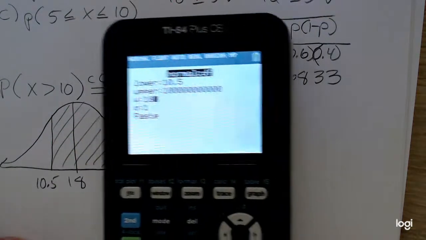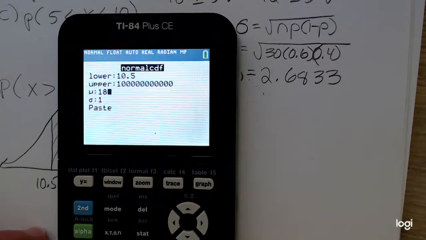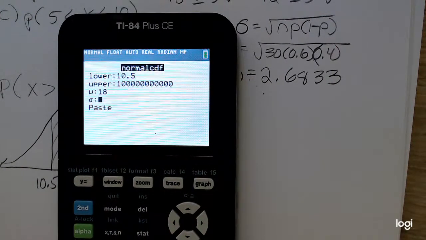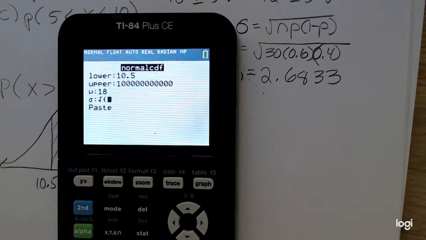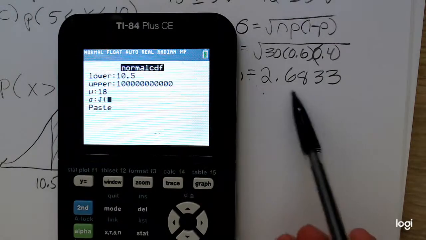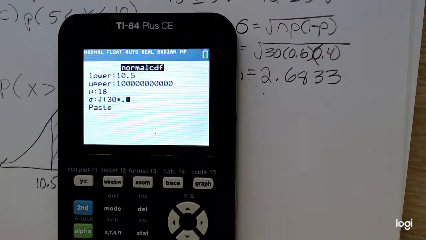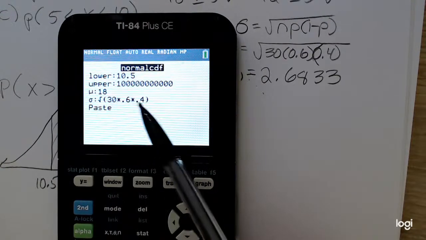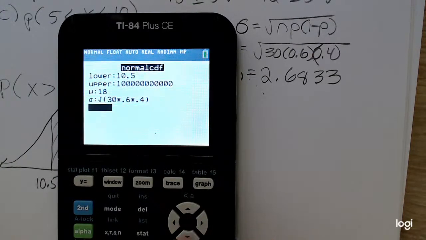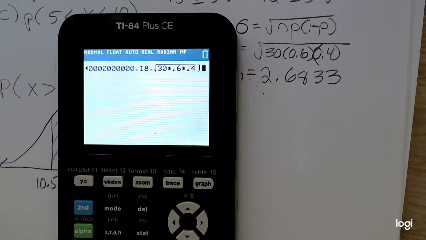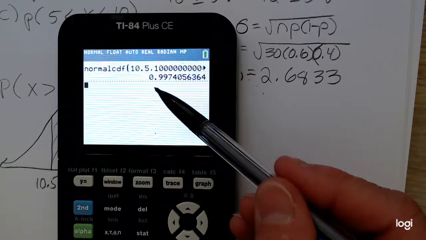That's fine. One thing that's cool about the calculator is that if you are feeling particularly lazy, you don't have to find this first. You can literally put in 30 times 0.6 times 0.4 underneath that square root here. And then enter and enter again.